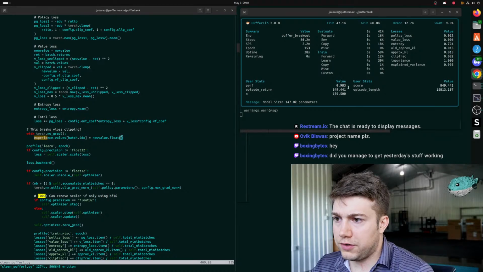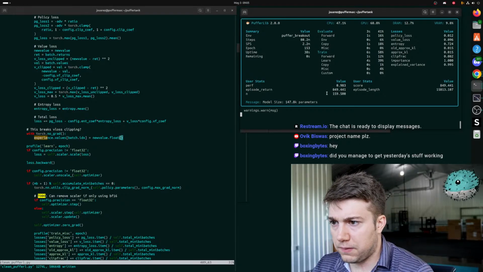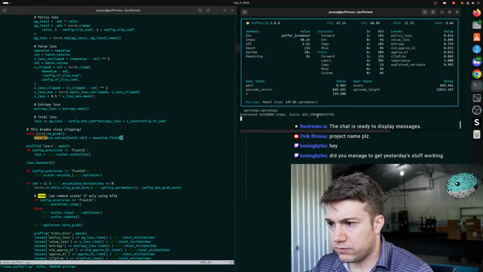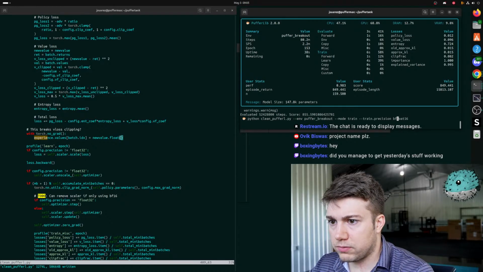Okay, so this does still train. Potentially a very small drop. Maybe not at all. Yeah, it's about on par. But it is slower.